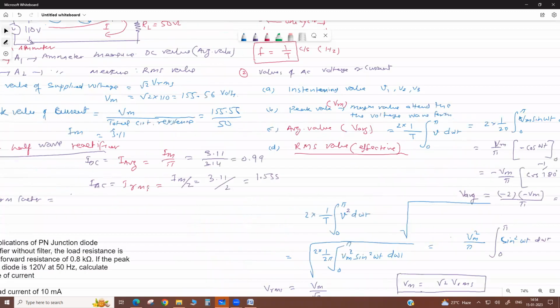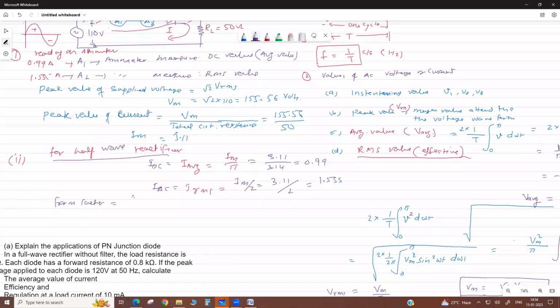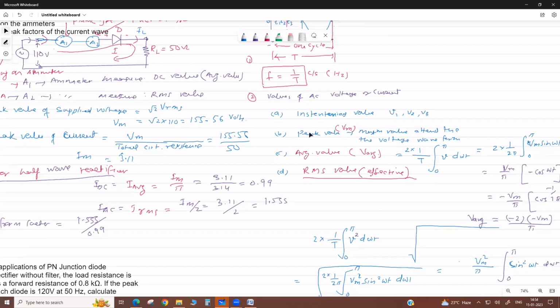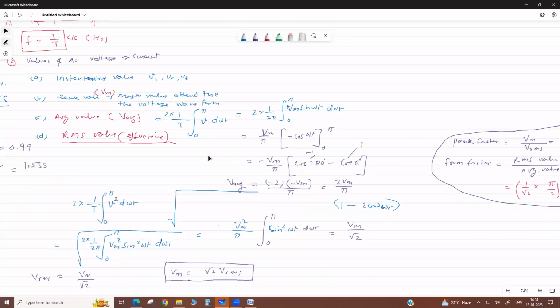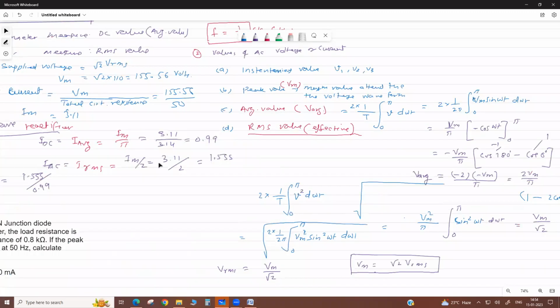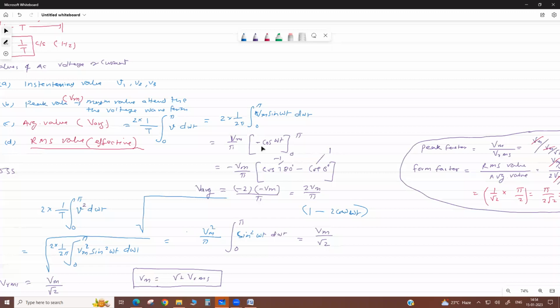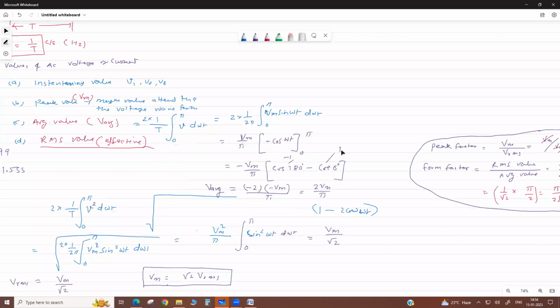What is the RMS value? 1.555 by the average value.